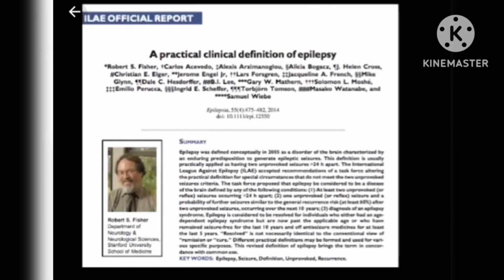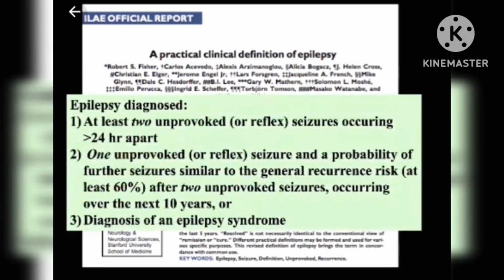But then we'll have to know what exactly you mean by epilepsy. Is a seizure synonymous with epilepsy? So you have to have an idea of what epilepsy is. Epilepsy is diagnosed when somebody has two unprovoked seizures.